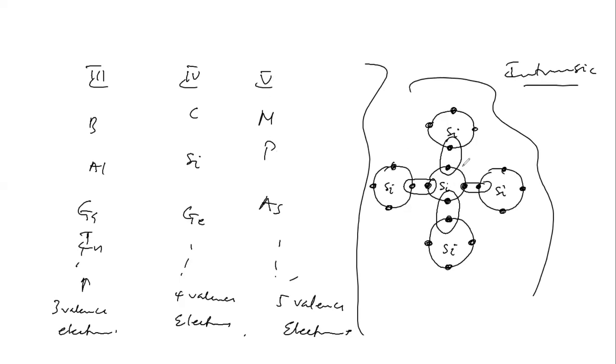We are going to have an additional electron. So whether we have an additional electron or a hole, this is going to lead to net movement of either holes or electrons. That effect will result in what we call the extrinsic material.